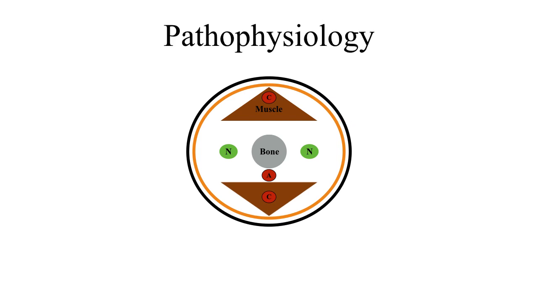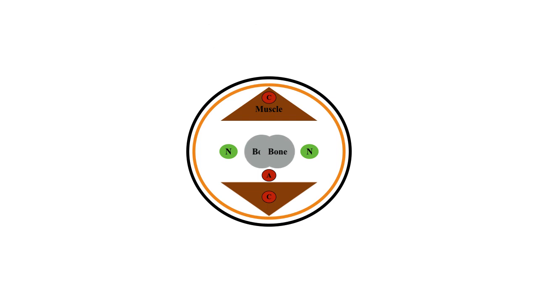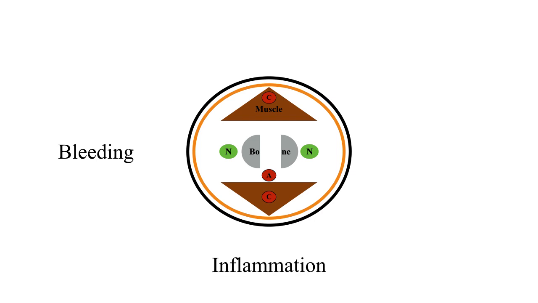Now, coming to the pathophysiology of why and how a compartment syndrome occurs. Whenever the bone fractures, as we have seen in our previous videos, there is a stage of bleeding and a stage of inflammation. This bleeding and inflammation caused by the bony fracture causes edema within the limb. This edema increases the pressure within the compartment.